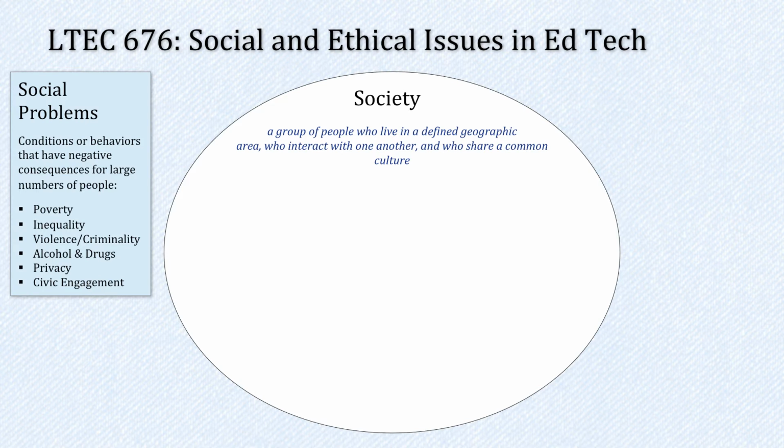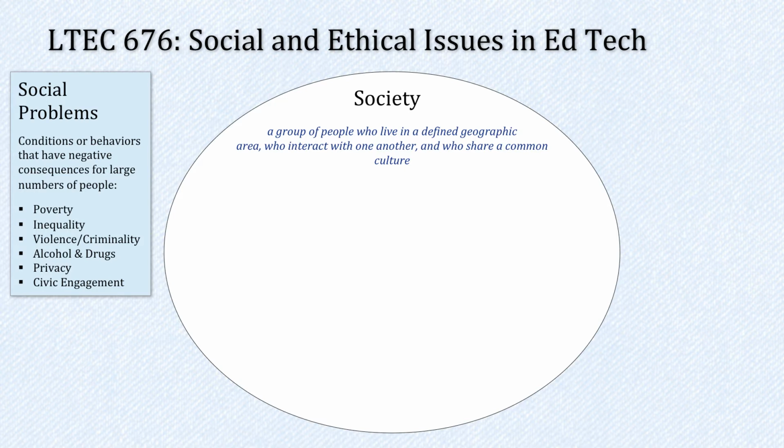These are the conditions or behaviors that have negative consequences for large numbers of people in the society. And of course, examples of these social issues include poverty, all kinds of inequities, criminality, and a lack of civic engagement. Most societies don't just stand by and let these problems fester.